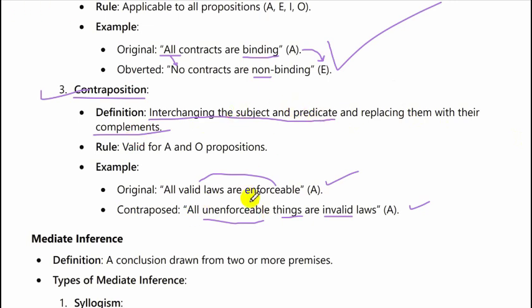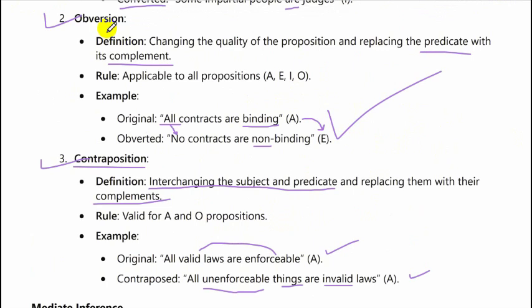But here we have to replace both the subject and the predicate. In the obversion we only did the complement of the predicate, whereas in the contraposition we do the complement of both the subject and the predicate, and we also interchange them, whereas in the obversion we don't interchange the subject and predicate.